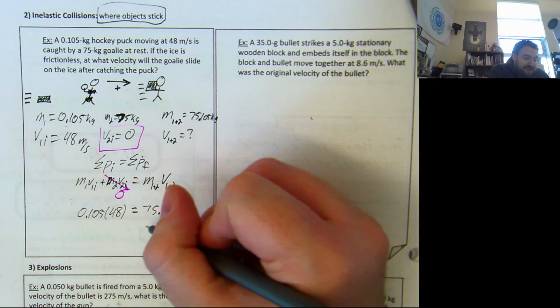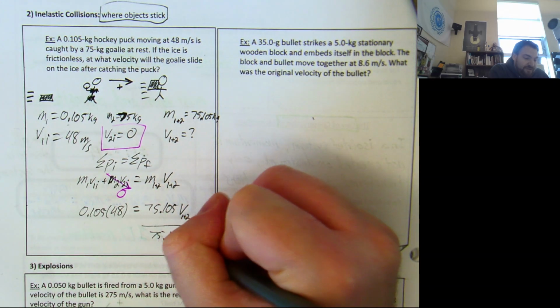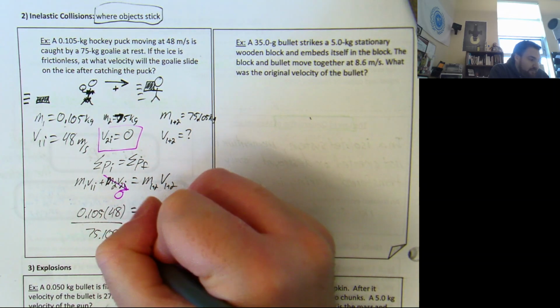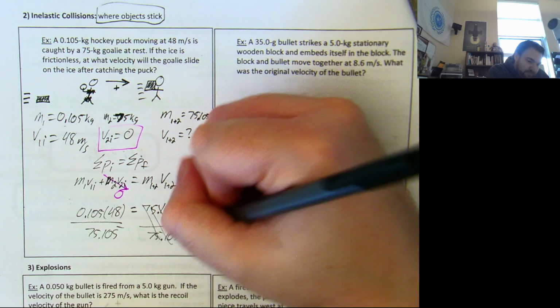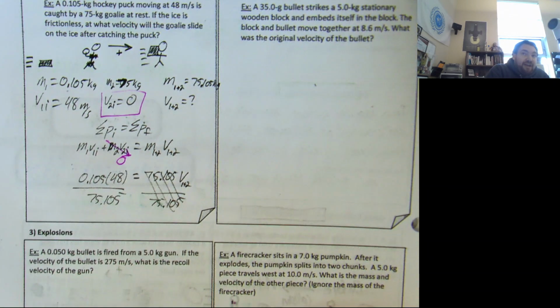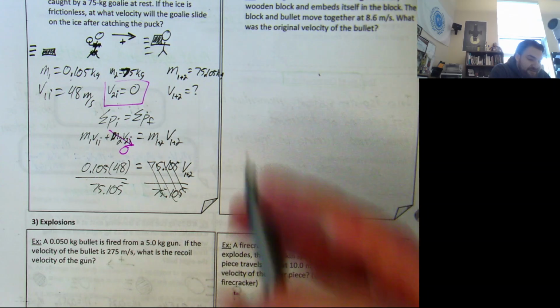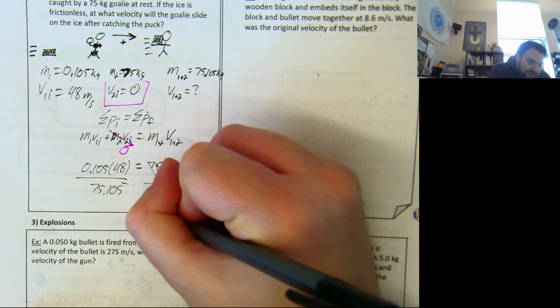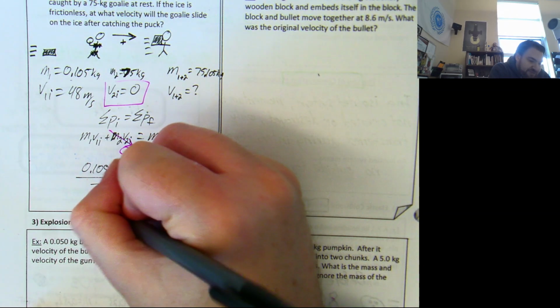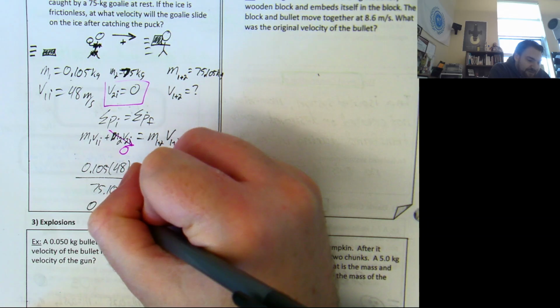I'm just going to divide both sides by 75.105. And you're going to get that your velocity V of 1 plus 2 is going to equal 0.067 meters per second.